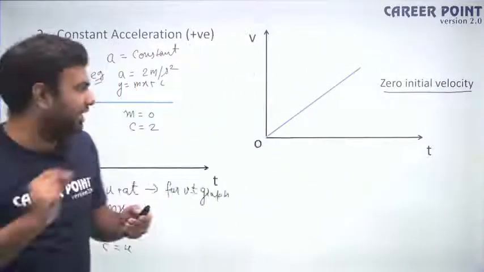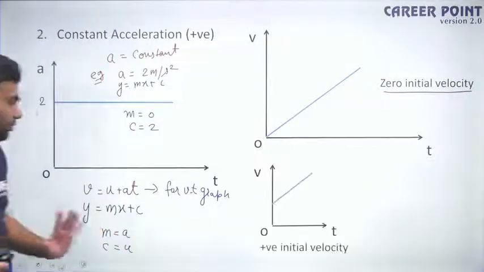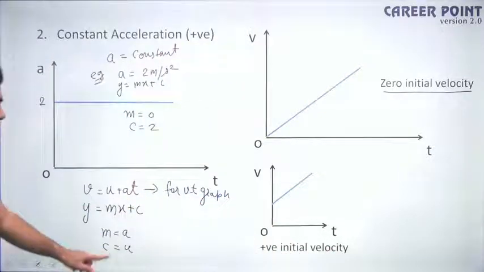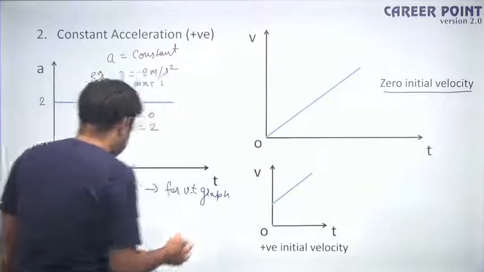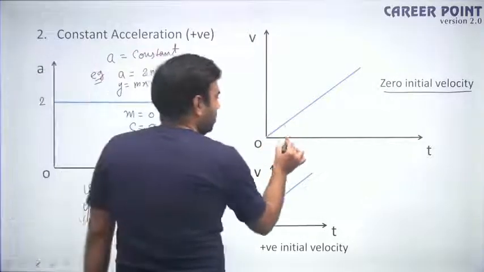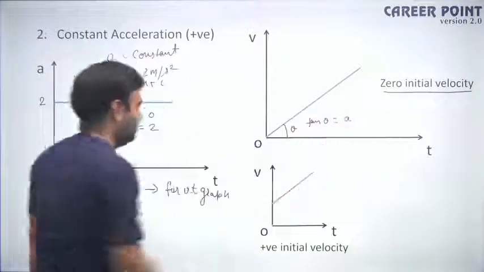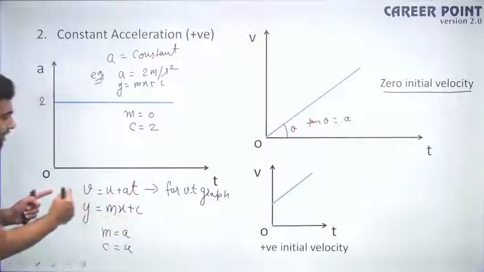Similarly, if I take positive initial velocity, it means the c intercept must be positive. So the graph will make, see, if this is theta, then tan theta is equal to acceleration. Simply compare this equation with the equation of a straight line.